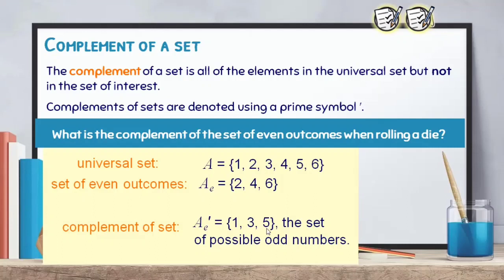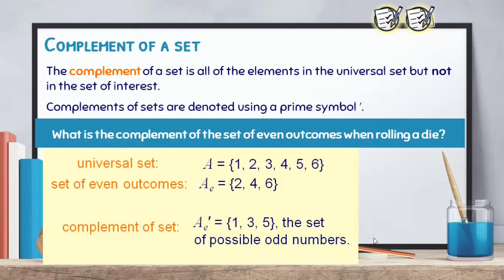In other words, when we say complement of a set, we are talking about the opposite of what is included in the set of interest. So if we are getting the complement of even outcomes, the opposite is the set of possible odd outcomes.